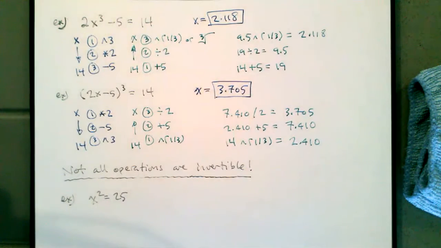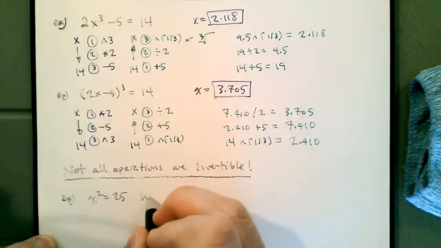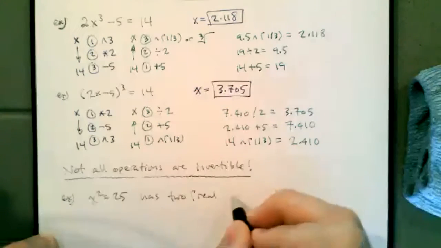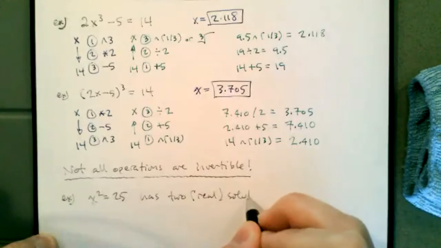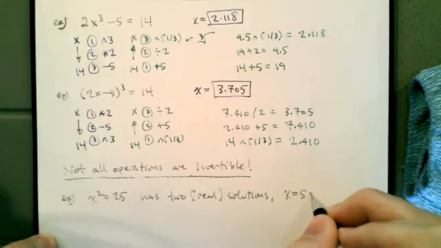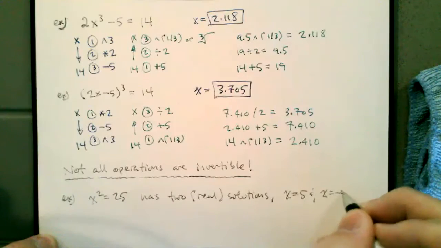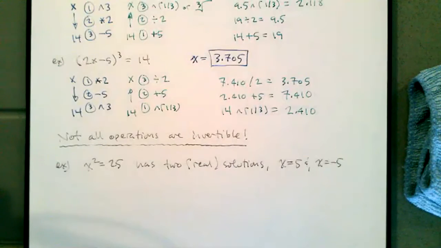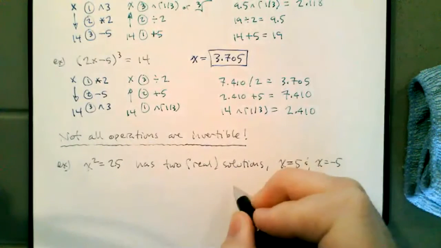We can't invert the square because there are two inputs that produce one output. This equation has two solutions. x equals 5 and x equals -5. Because 5 squared is 25 and -5 squared is 25.